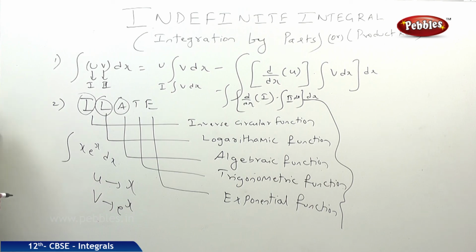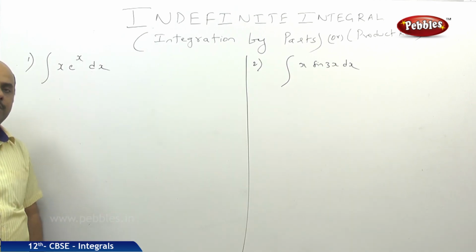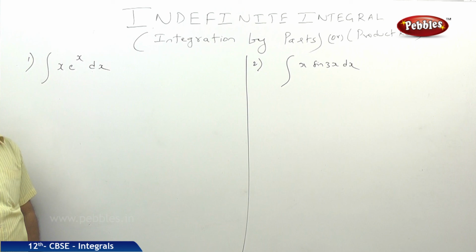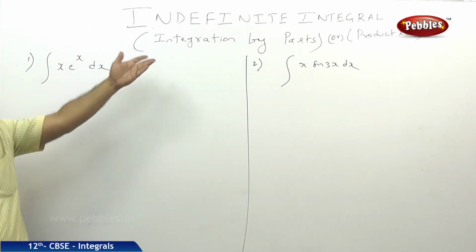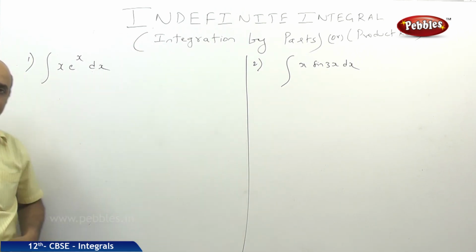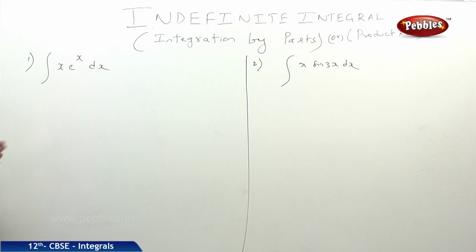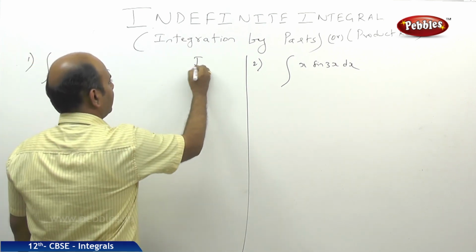So friends, by this time I think you are clear in choosing what as u and what as v. Now we'll be doing some problems based on the uv rule or integration by parts or product rule. So what I said, you need to remember a rule called what, beta? ILATE.